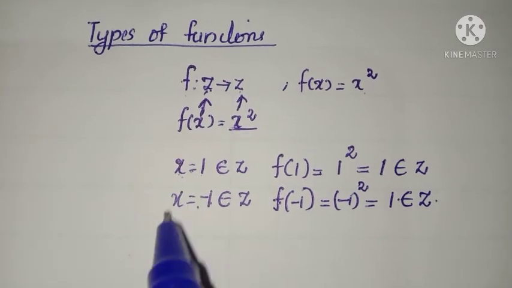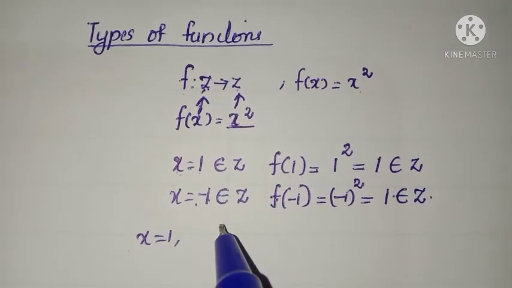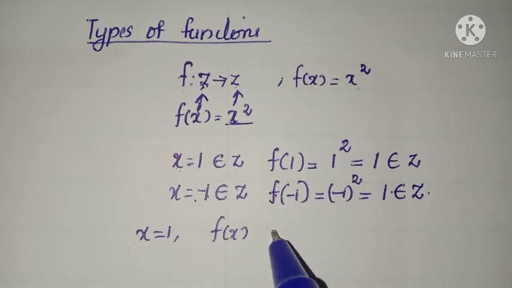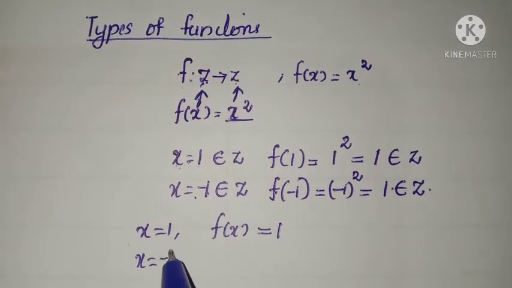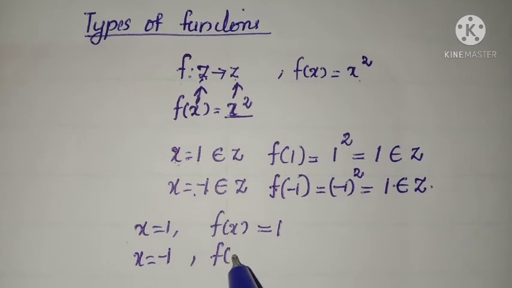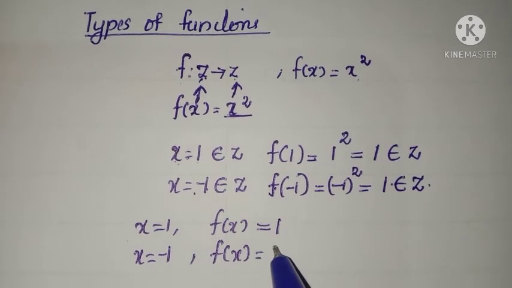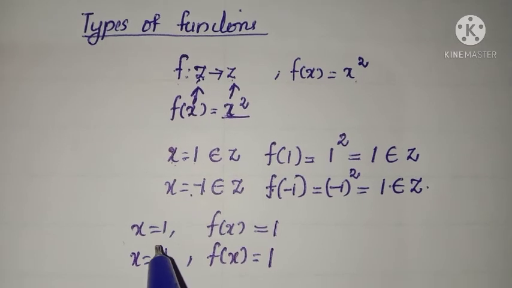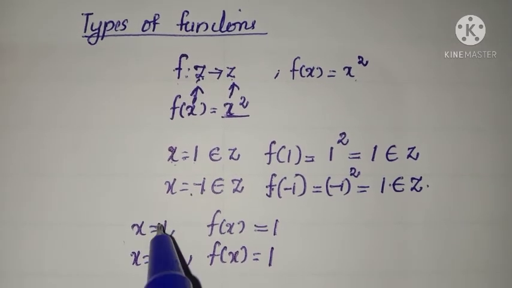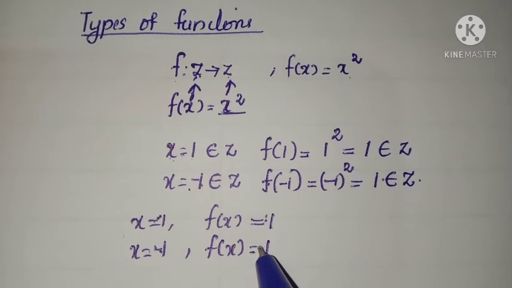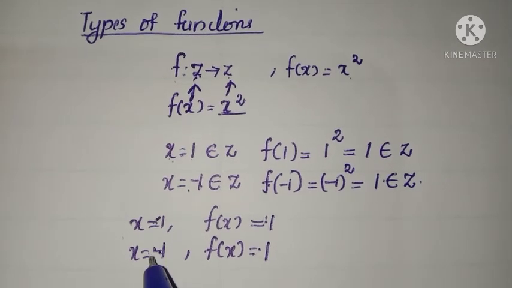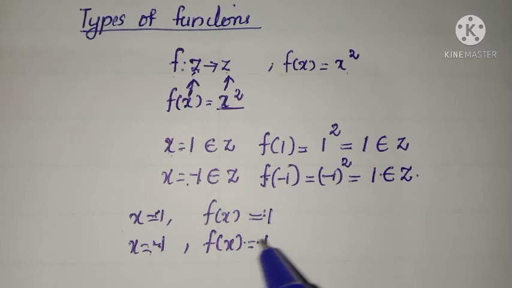That means if x equal to 1, its image is 1, and if x equal to minus 1, the image is also 1. That means for different x values, the images are the same.